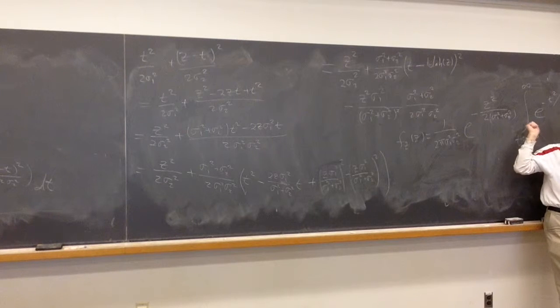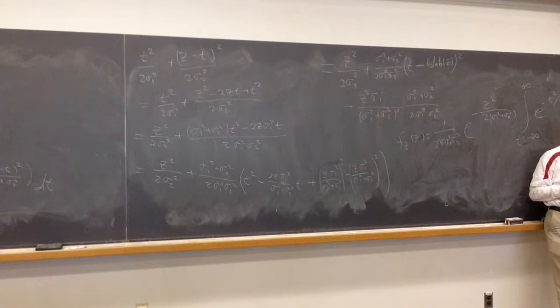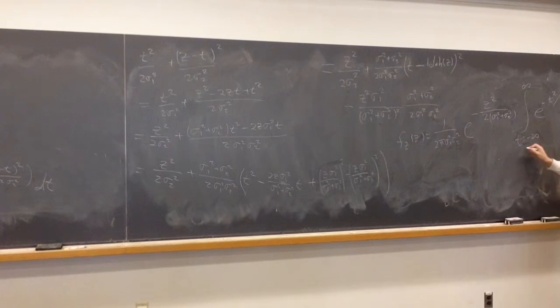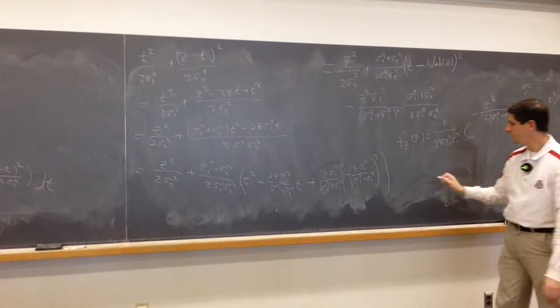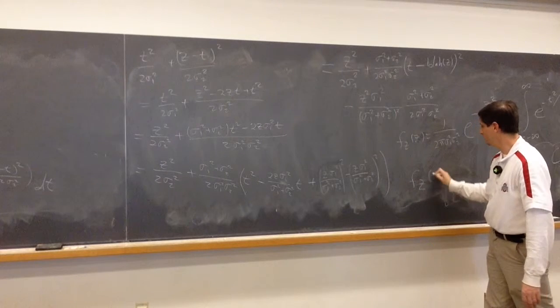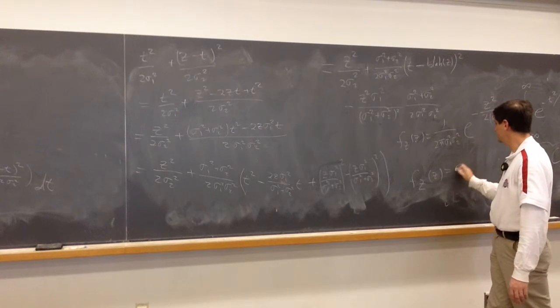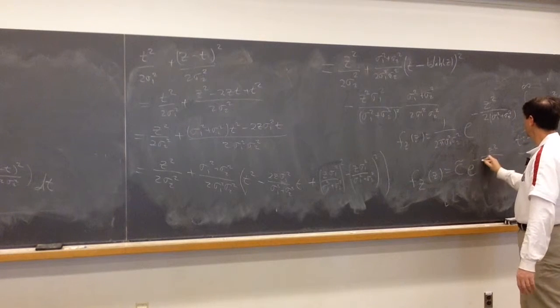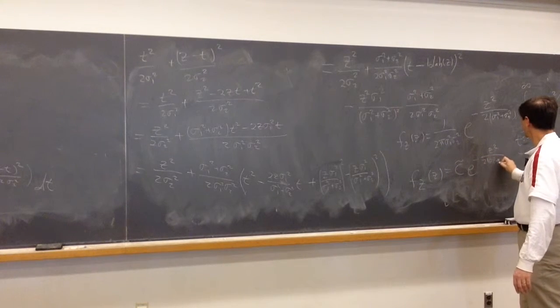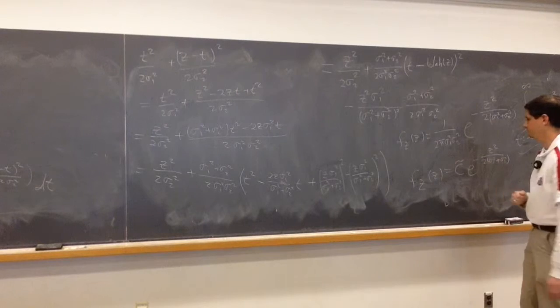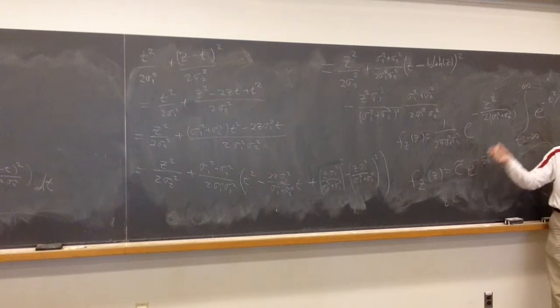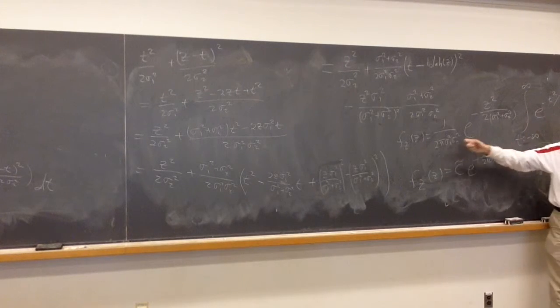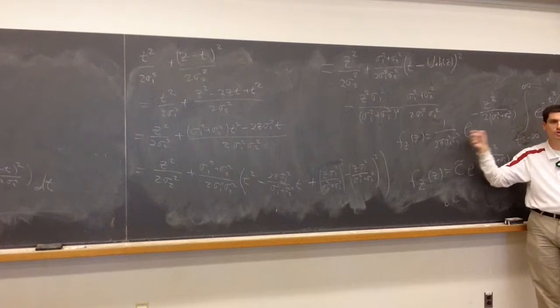Whatever this is at the end of the day is some constant. The t integral is going to give us some constant c. And so at the end of the day, we get fz of z is some new constant c tilde e to the negative z squared over 2 sigma 1 squared plus sigma 2 squared. This constant is whatever this t integral is times 1 over 2 pi sigma 1 squared sigma 2 squared.